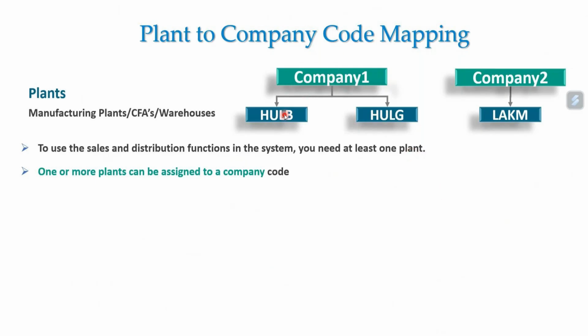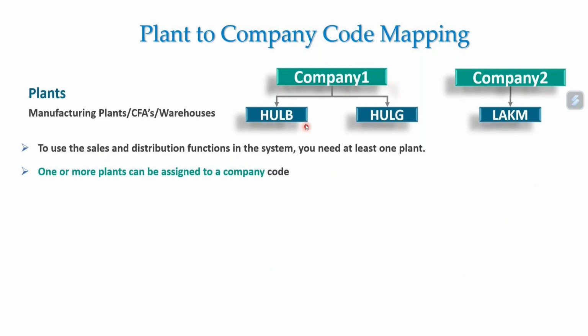One company can have many plants. Just like sales organization. But one plant can only be working for one company. One plant cannot be assigned to multiple companies. Why? The stock belongs to a company. Think of it like this. The stock belongs to a company.